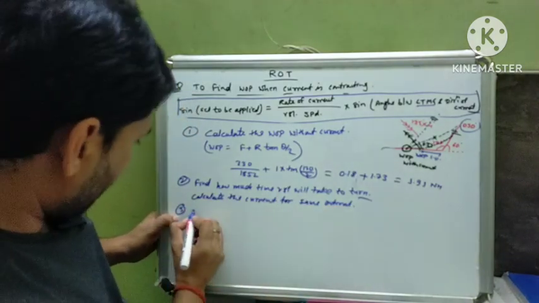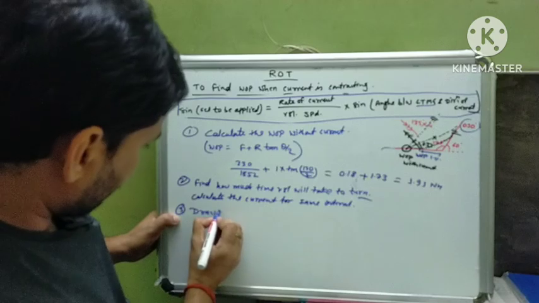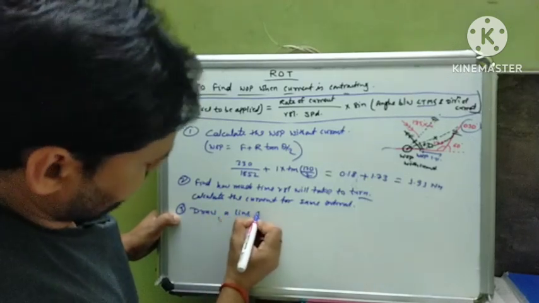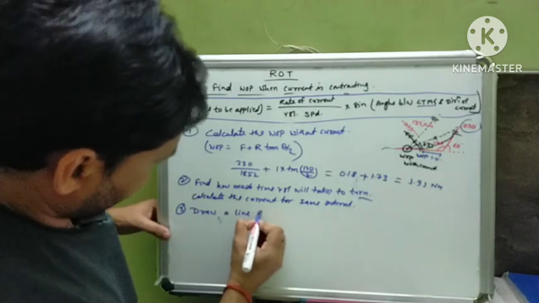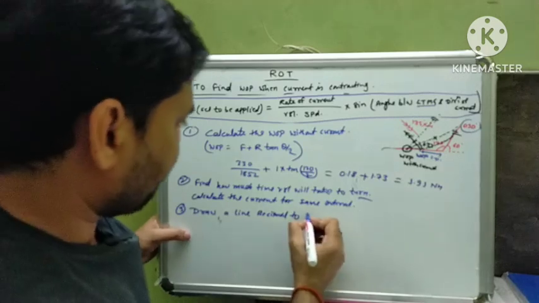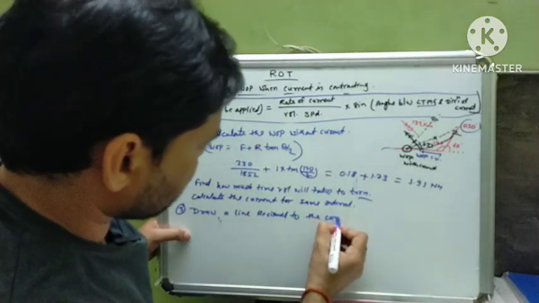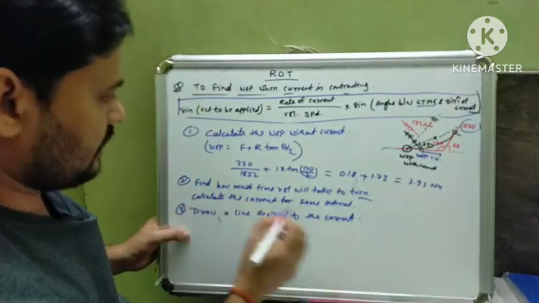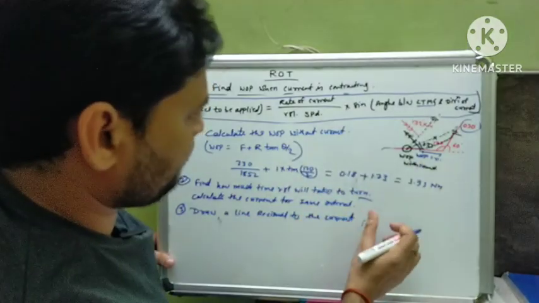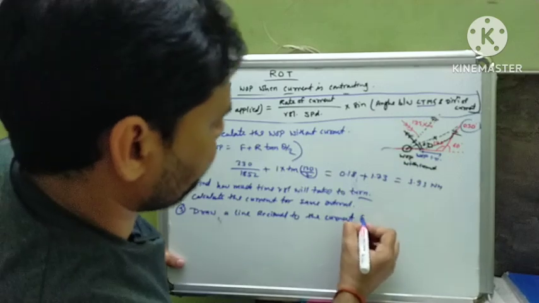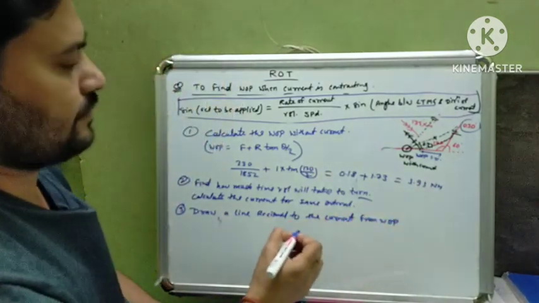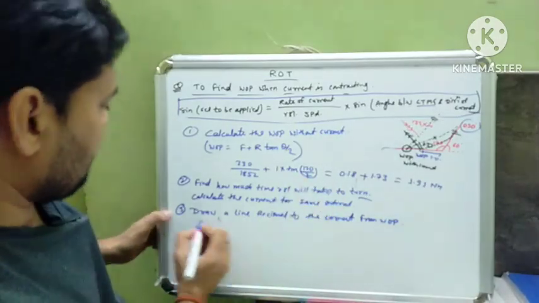Now the third step: draw a line reciprocal to the current from the wheelover point.